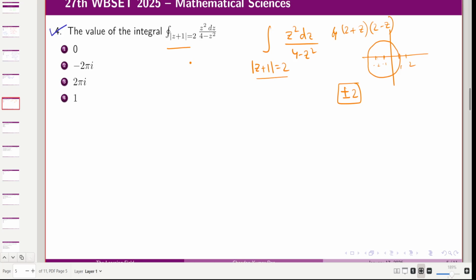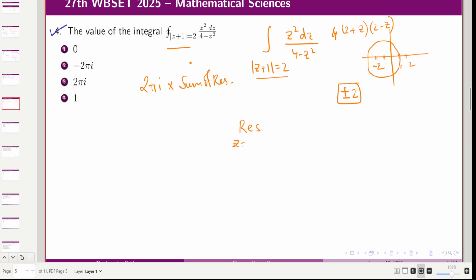That means minus 2 is the only point that lies inside the circle. Therefore, if we apply the residue theorem, the formula is 2 pi i into the sum of the residues, and we have to find the residue only at the point minus 2.